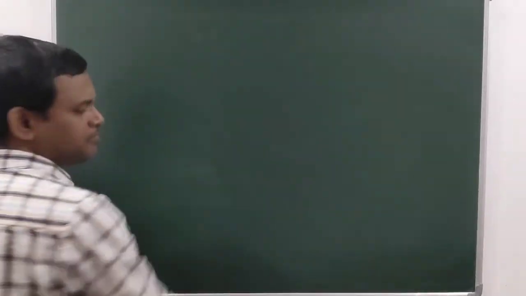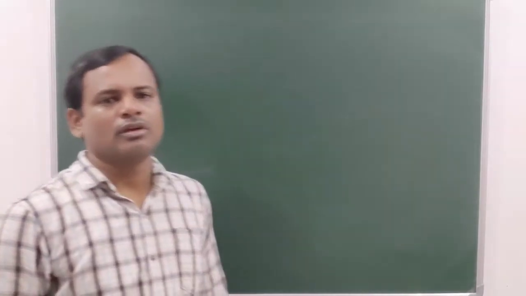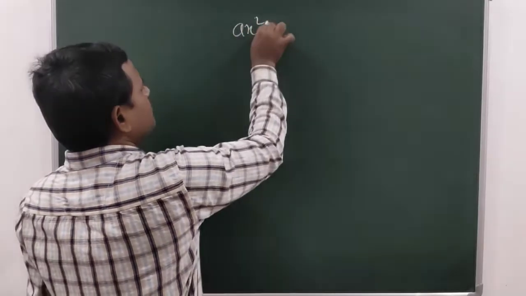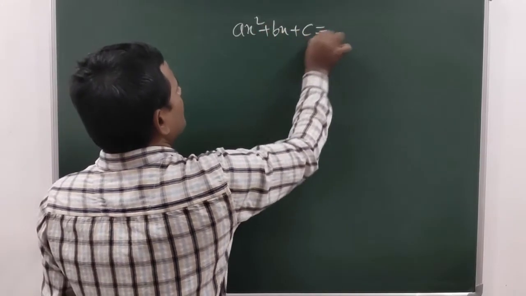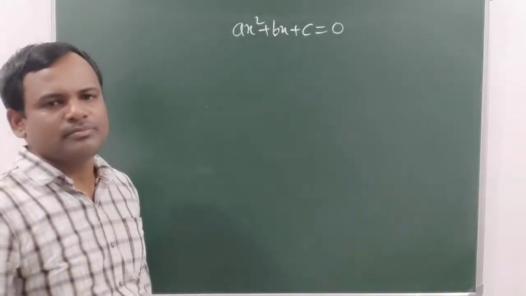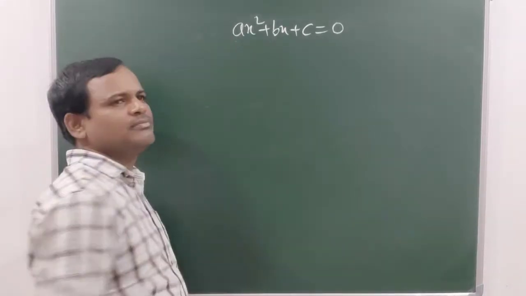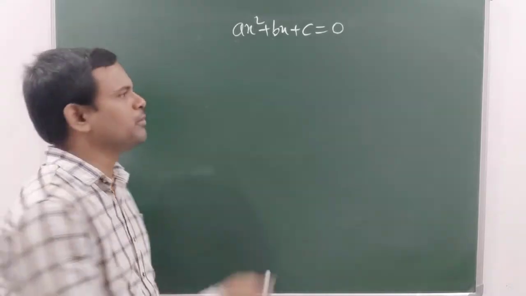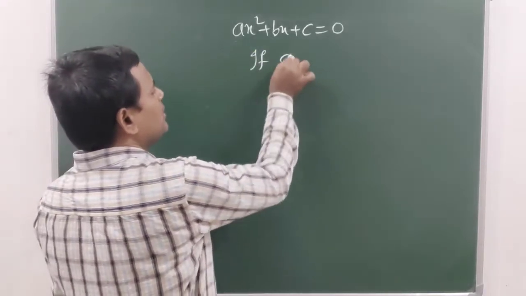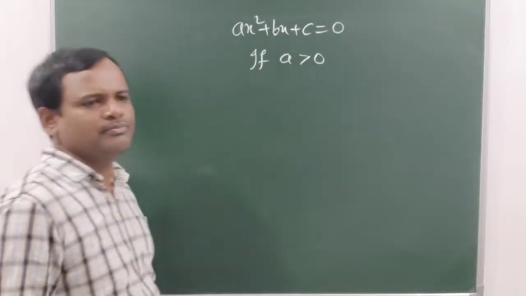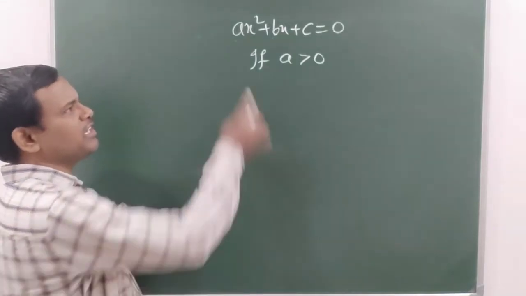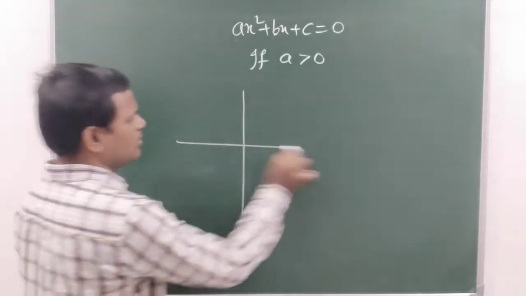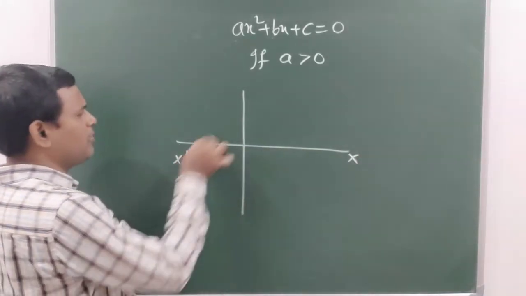See here, this is the given quadratic equation. In the problem, they said a, b, c are reals, which means they may be positive or negative. Suppose you take a as positive, then if you draw the graph of the quadratic expression, it opens upwards.